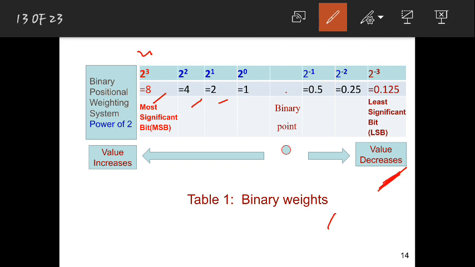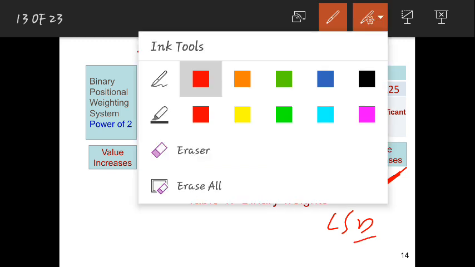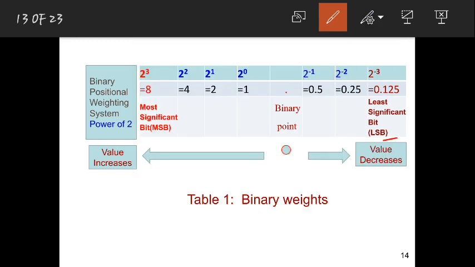Before, we studied LSD, the least significant digit, because it was a decimal number, so we said digit. Now here we say bit because these are bits, 0s and 1s. So we call it the least significant bit. Here we call it the most significant bit, towards the left side, and this is your right side. So this has a more positional weight and this has the least weight compared to others.